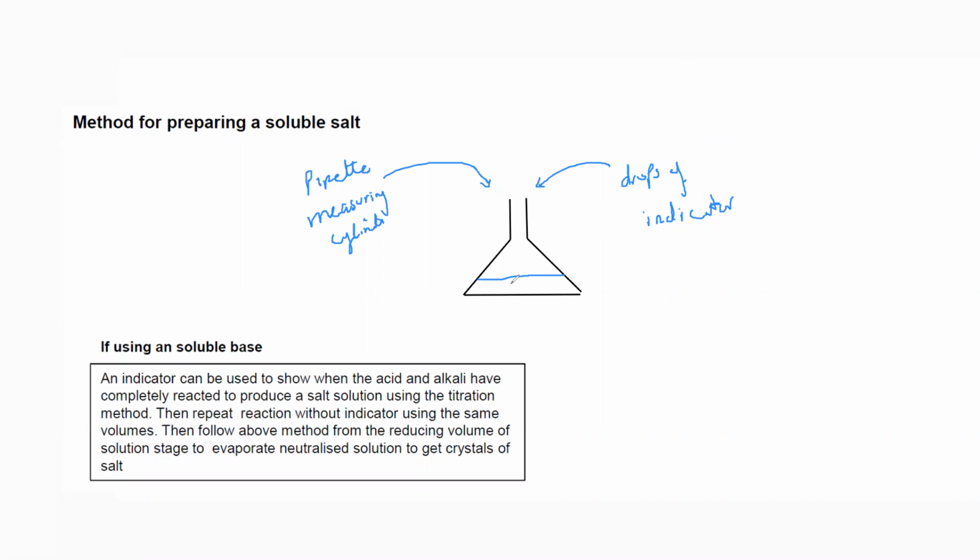So it will be colorless originally, because if you add the indicator phenolphthalein, then you will use a burette and you will fill this burette with an alkali.